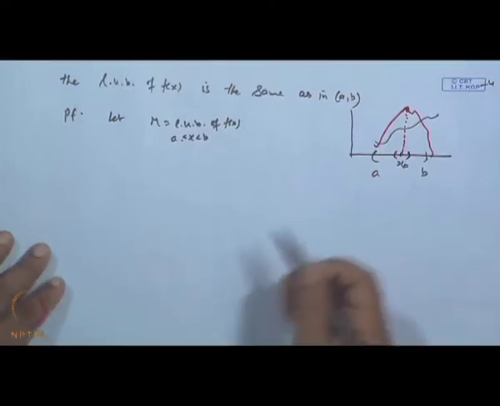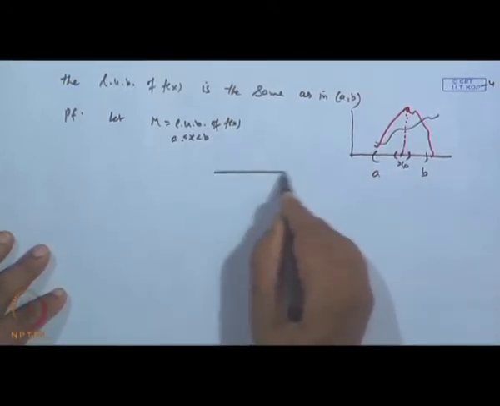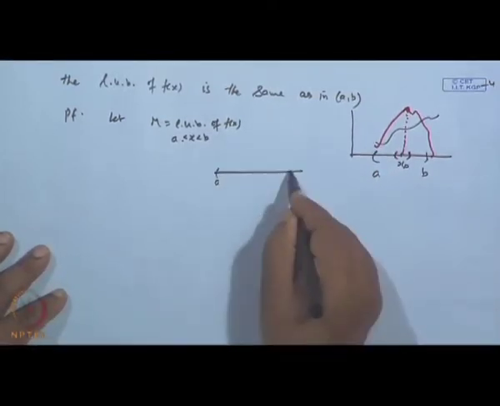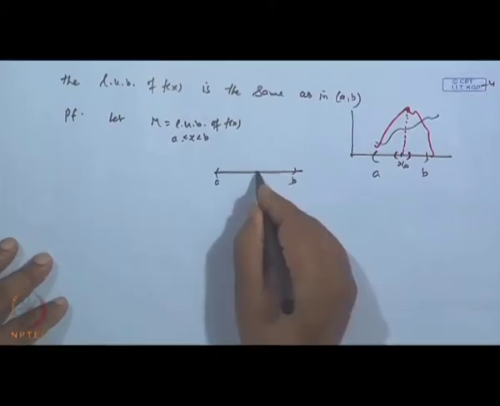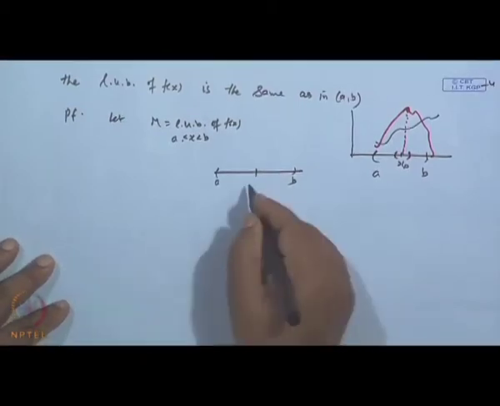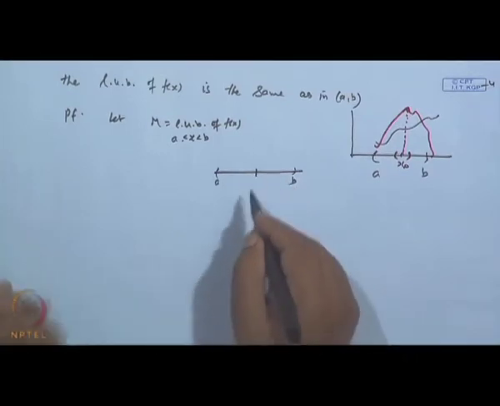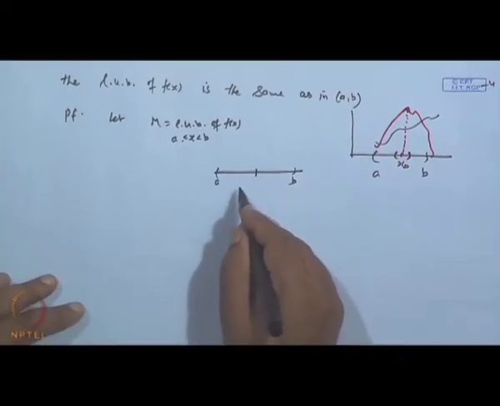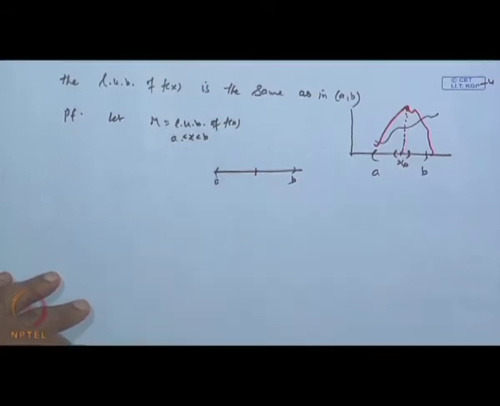Now, this interval is given, we divide this interval into two parts of equal length. Now, we pick up that interval in which that least upper bound occurs.